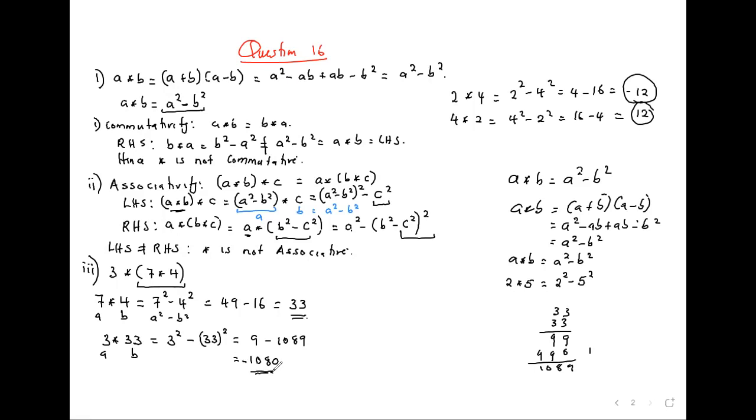So you first get what is in the brackets, evaluate it, get a single number. That single number you get, put it now in the brackets. So you have 3 star 33. Then you rename your A, B. That's how you get the thing worked out.